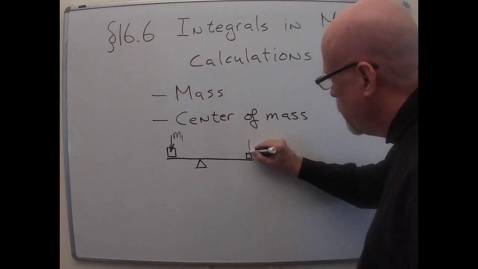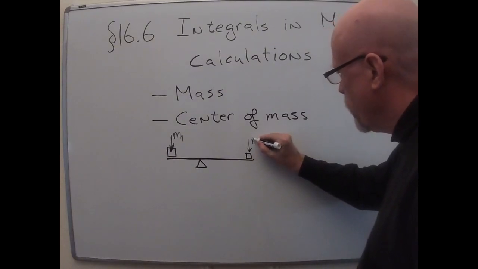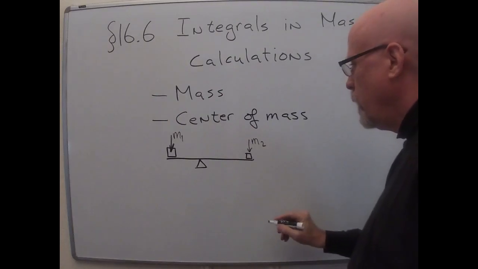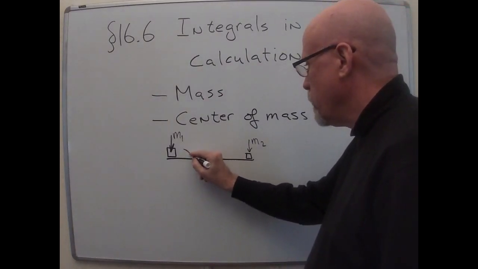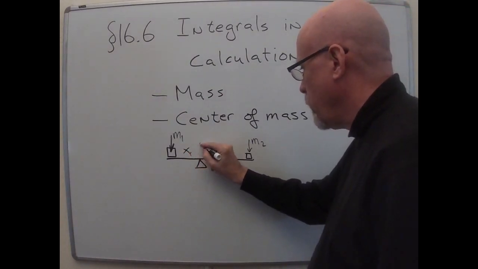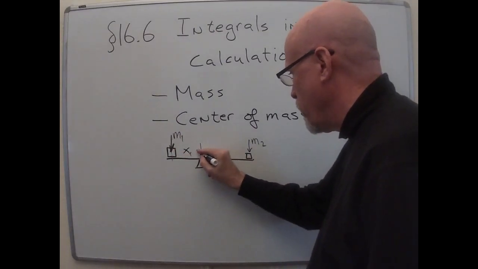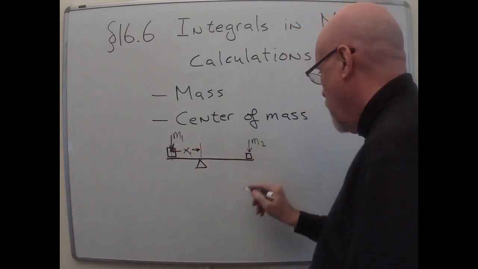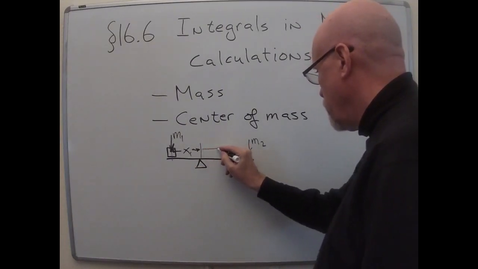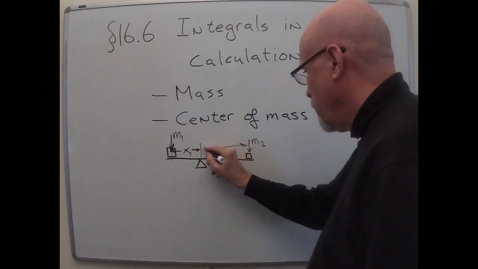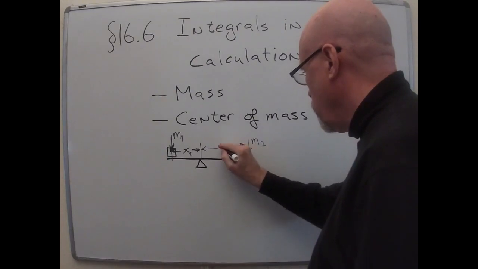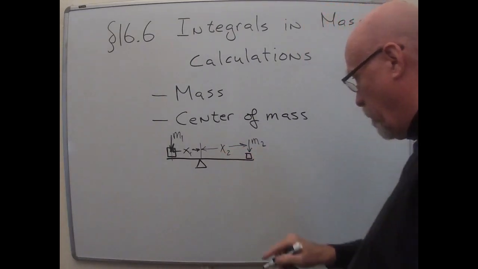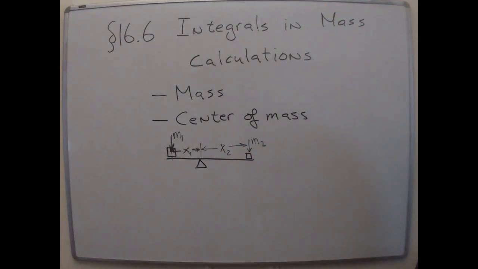And you have the force that's created by M2. You're also going to have a distance, x1, that's how far mass 1 is from the center, or from the point where it all will balance. And another distance, x2, for how far the second mass is from the center.